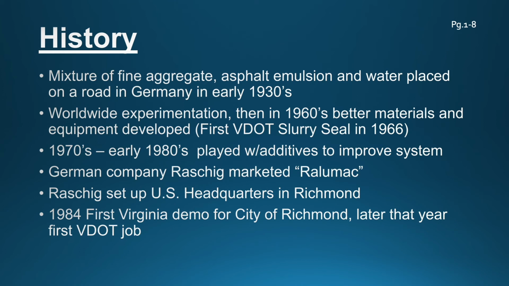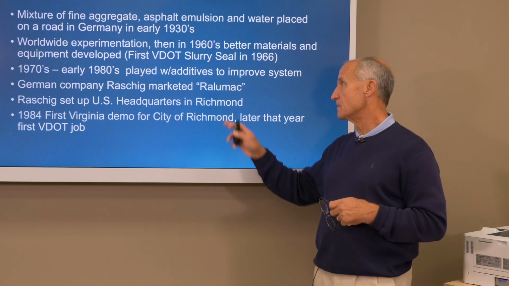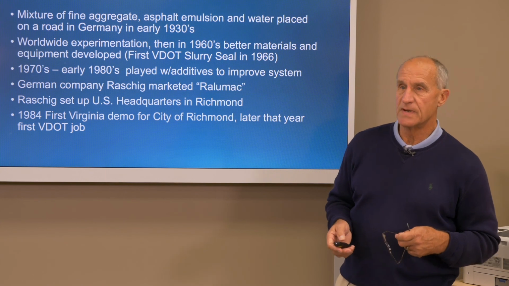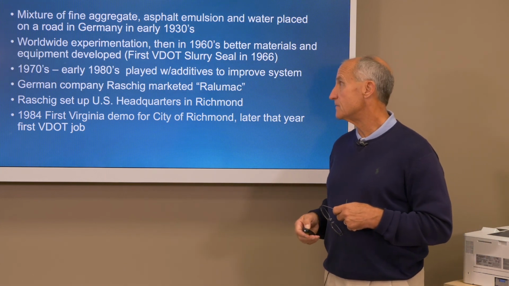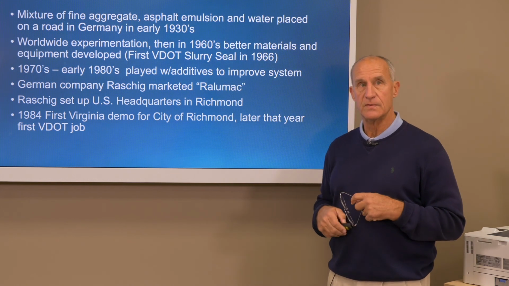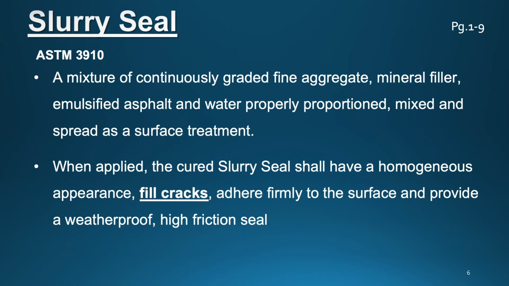And in 1984, the first demo in Virginia was done for the city of Richmond. Shortly after that same year, Virginia DOT did its first job using the microsurfacing, which at that time, some of you may remember the term Rolumac. It was a specific trade name that was used for the product as it was developed. And it's now become a latex modified slurry seal, if you will, and just referred to as microsurfacing.